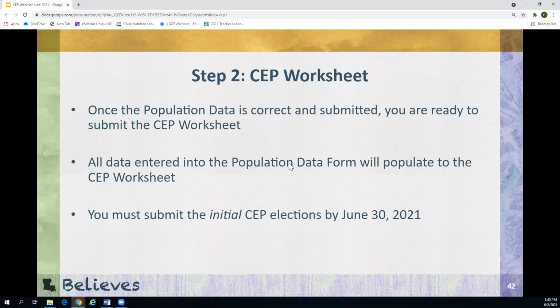You must submit the initial worksheet by that June 30th deadline. So the day you submit the population data, you should at least give a general CEP election by that date. This is not the final date that you can make elections. This year that date is September 30th.